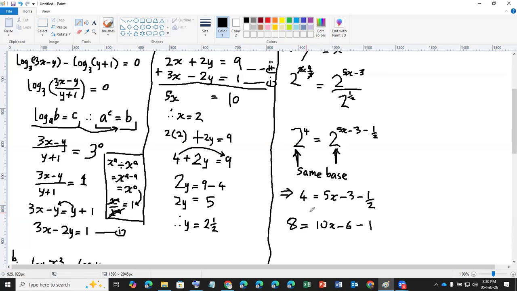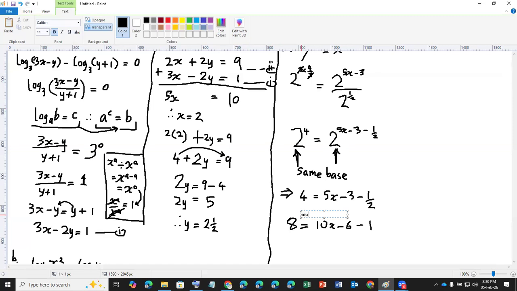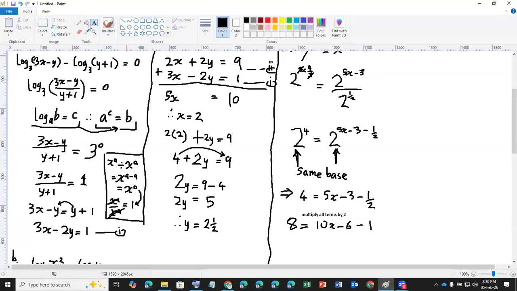So in case you're wondering what I did, let me write it there. Multiply all the terms by 2. And the 2 is because of that 2 that is there. Now, let me say something here.